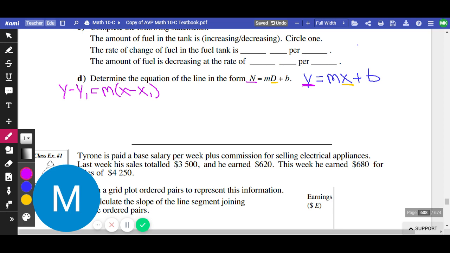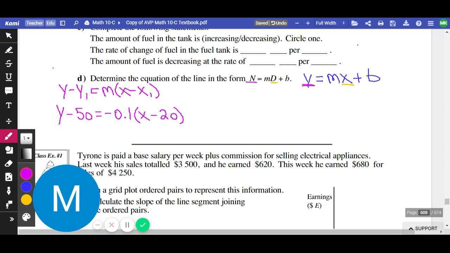When I plug in my values, y will stay as y. y1 will change to be, I believe it was 50, if that first point was 20, 50, I can't see my graph. Equals negative 0.1 was my slope. And then we had x minus x1, which I believe was 20. This equation represents that line up above.